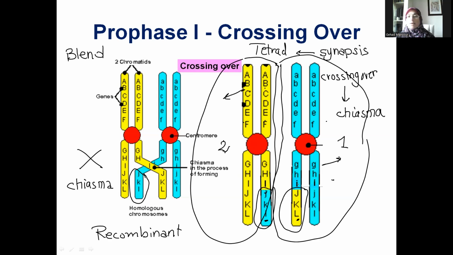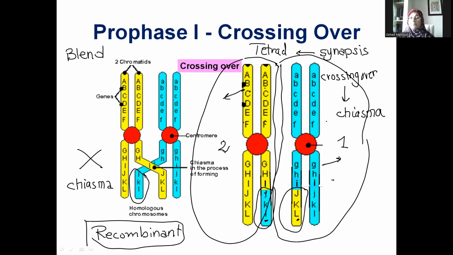And actually, any DNA molecule that is made of DNA from two different sources is called recombinant DNA. So recombinant DNA, whether it is a piece of a chromosome or a whole chromosome, whether it is a piece of a molecule or a whole molecule, since it contains DNA fragments from two different sources, we call it recombinant DNA.